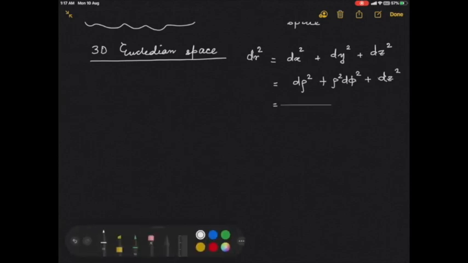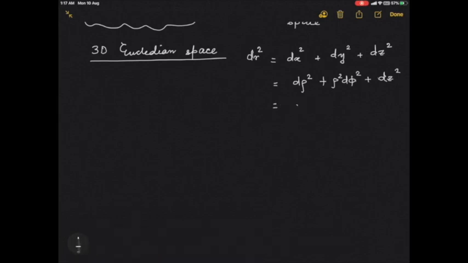And the same distance I can write as d rho square plus rho square d theta square plus rho square sine square theta d phi square. And what is the third one? The third one is the spherical polar coordinate system, the distance written in spherical polar coordinates.